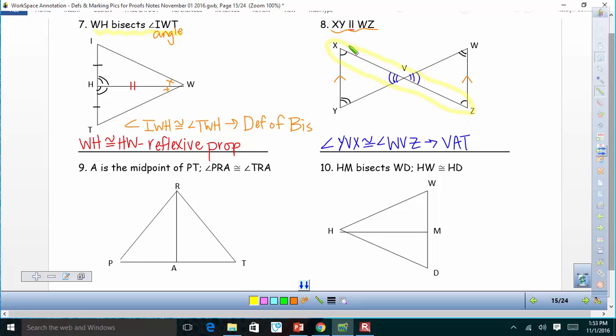The transversal. So what type of angles are X and Z? Alternate interior. So I'm going to write angle X is congruent to angle Z because of alternate interior angle theorem, because you may have to identify that at some point, which means that Y and W are also what? They're congruent because they're alternate interior angles.